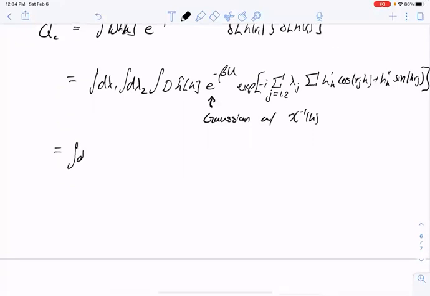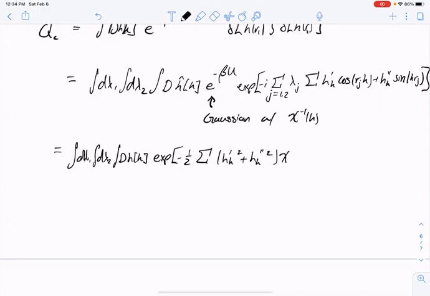So under these integrals, lambda 1, lambda 2, dh of k, we have the exponential of minus 1/2 sum h prime of k squared plus h double prime of k squared times our chi of k, effective stiffness matrix.